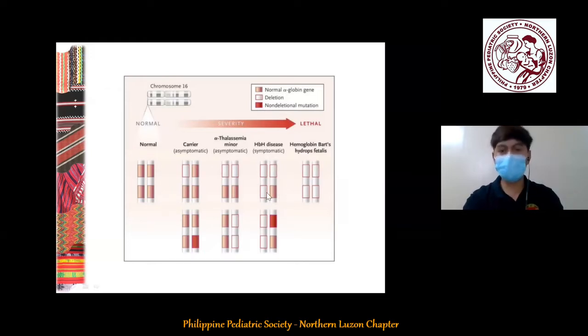Okay, para mas matatandaan nyo po, kahit ma-share ko lang po ito, kapag sinabing carrier, yun yung ituloy nyo lang yung C to O, only one ang deleted. Kapag yung trait, two are deleted. And kapag yung HBH disease, ito na yung tatlong deletions. Okay, para mas matatandaan nyo po.